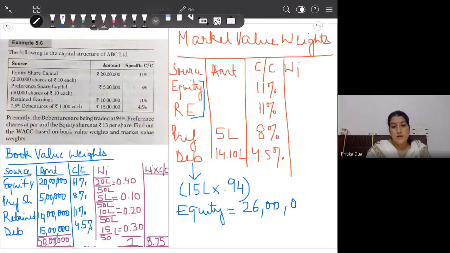Okay. The value of equity is 26 lakh, which means this value is to be divided into equity share capital and retained earnings. In which ratio should I divide this? Can anyone tell me? In what proportion will we divide equity share capital into equity shares and retained earnings?